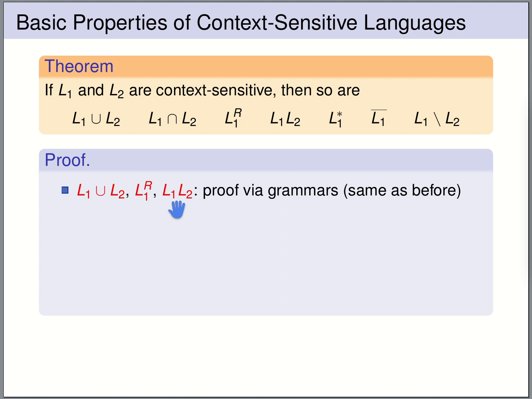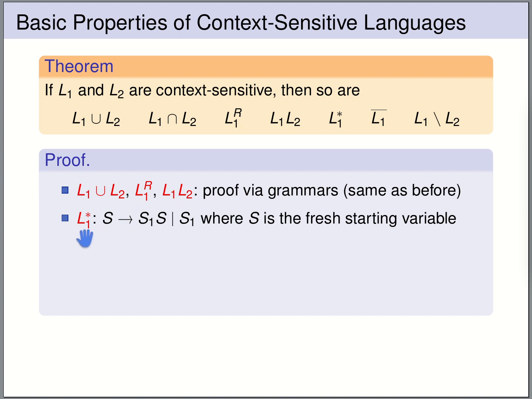Similar for the concatenation, but here the fresh starting variable can rewrite to S1 S2. For the reversal, we reverse all left and right hand sides of all the rules. So a rule x arrow y becomes x reverse arrow y reverse.